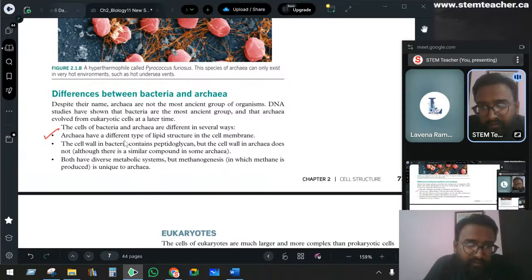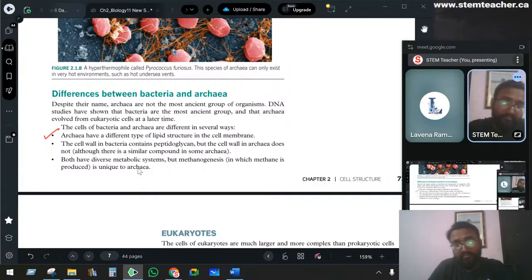The cell wall in bacteria contains peptidoglycan, but the cell wall in archaea does not, although there is a small amount of it in some archaea. Both have different metabolic systems, but methanogenesis, in which methane is produced, is unique to archaea.